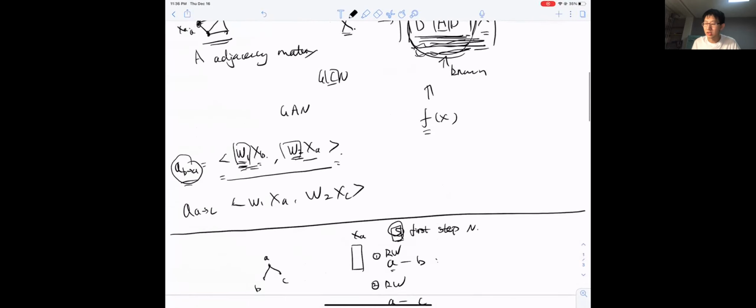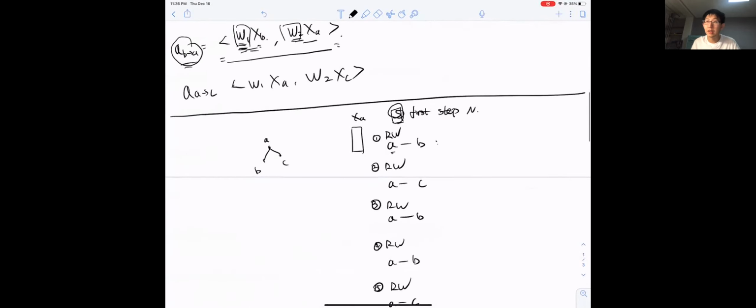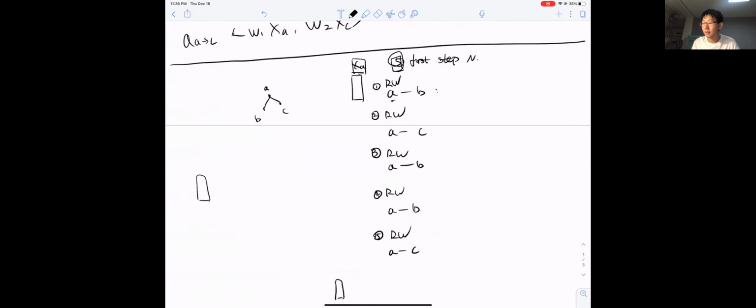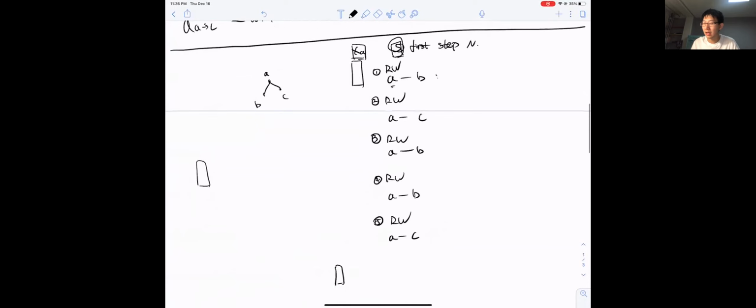But in this framework, each time you only need to input XA itself, its features, and the nodes you sampled.